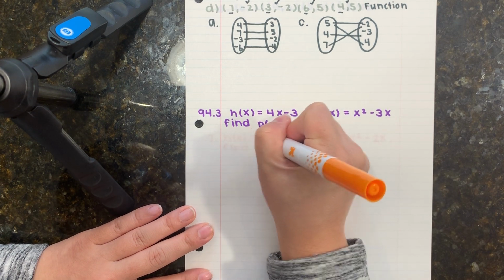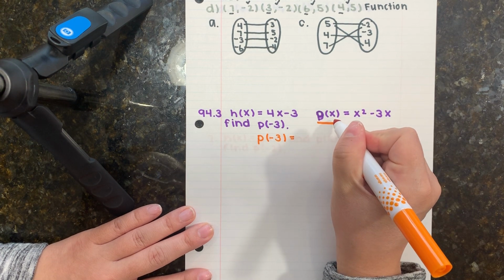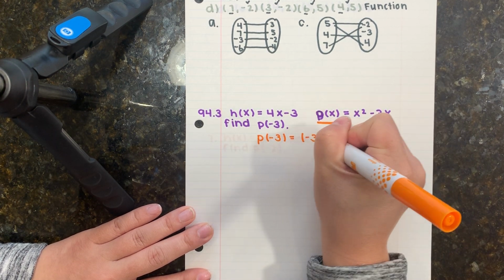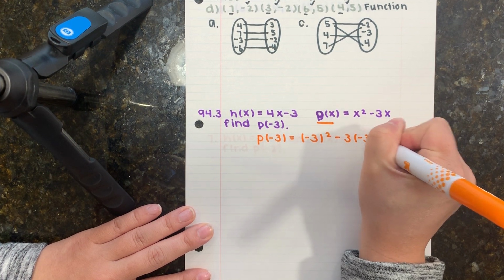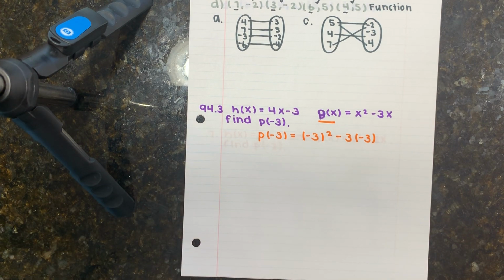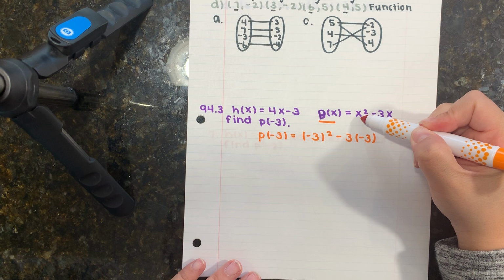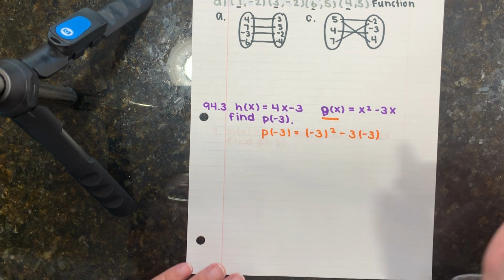So if I'm evaluating p of -3, I'm going to replace all my x's with -3. So this would be -3 squared minus 3 times -3. The biggest thing to remember is that when you're doing this, you want to input it into parentheses. So when I plug in -3 into this x, you put it into parentheses, and then when I plug that one in, you put it into parentheses.